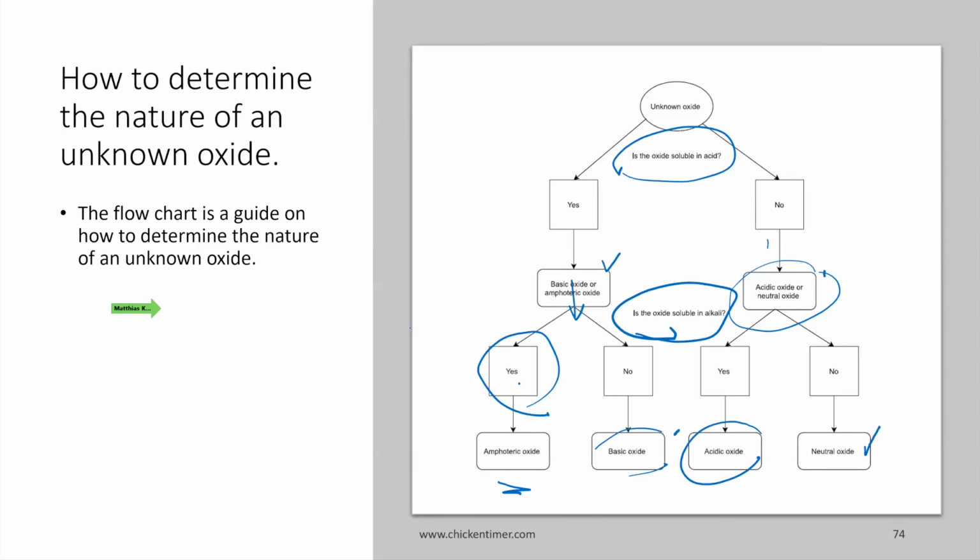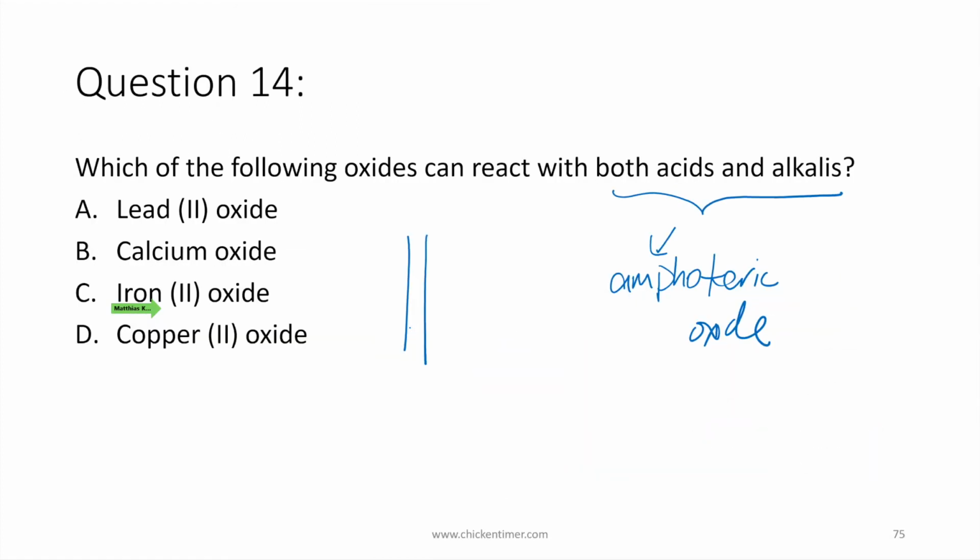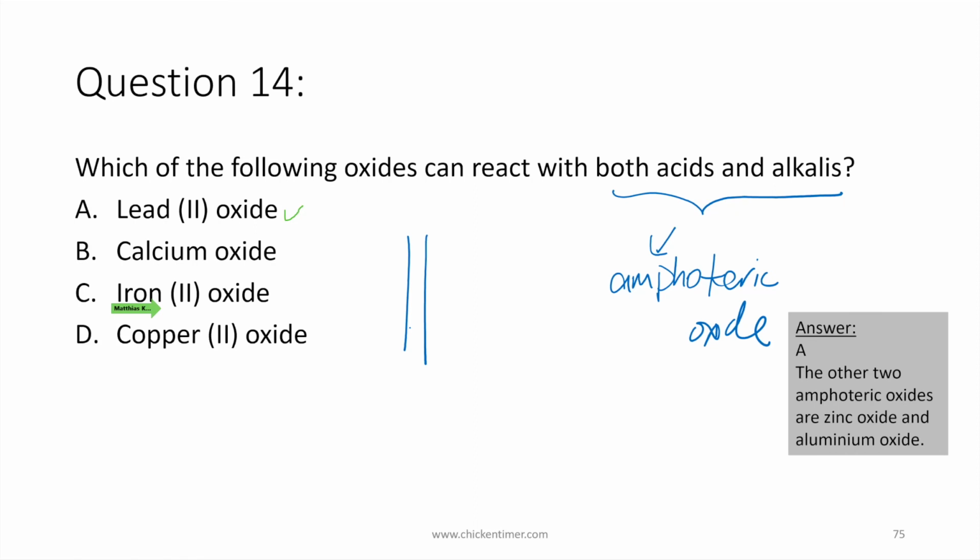We can go back to this. You see amphoteric oxides. There are 3 of them down there: lead, aluminium, and zinc oxide. So then you go to here, pick your amphoteric oxide. Yes, like that. So the other 2 amphoteric oxides are zinc oxide and aluminium oxide.